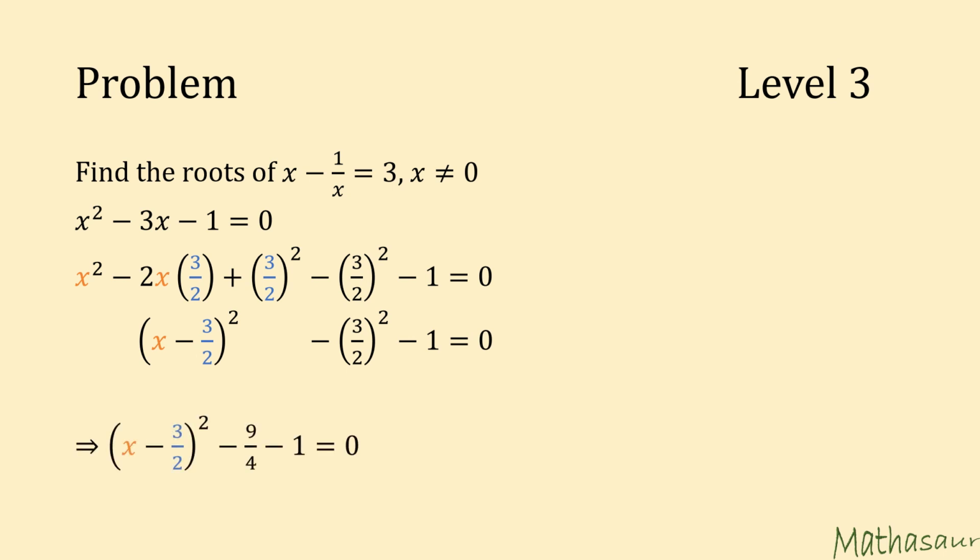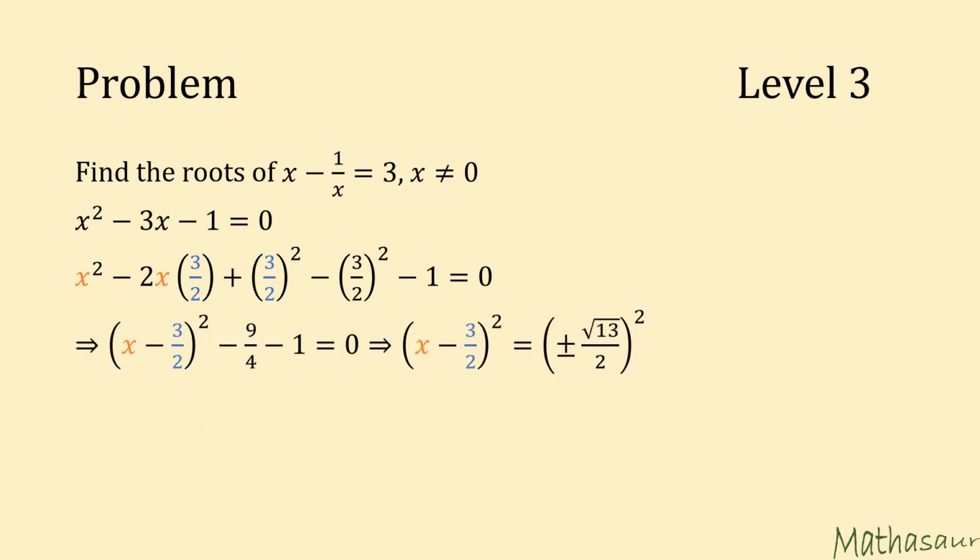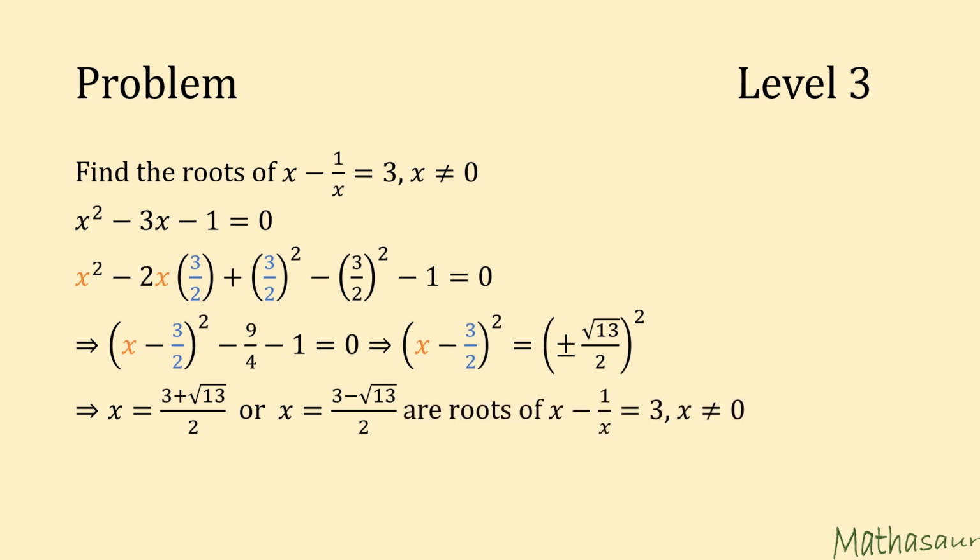Let us simplify the rest of the terms and take them to the right hand side. Let us take square root on both the sides and simplify. We get 3 plus square root of 13 by 2 and 3 minus square root of 13 by 2 as roots of x minus 1 by x equals 3.